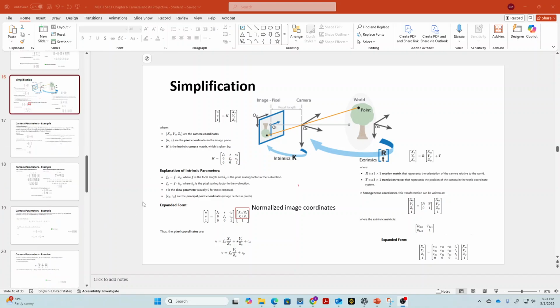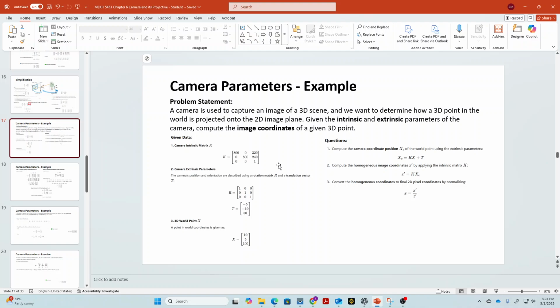For the next page, I normally put more examples of the calculations. You can read the questions and understand them one by one, which is the same thing. We have to understand the concept of projection from the 3D world to 2D. These are the calculations, giving the details of the solutions to the questions.